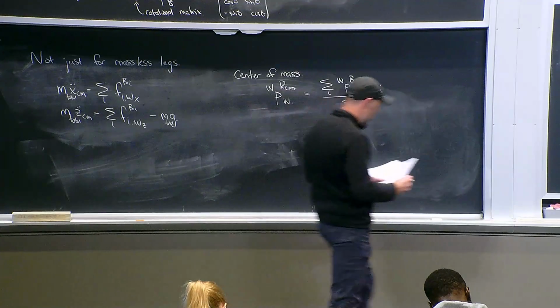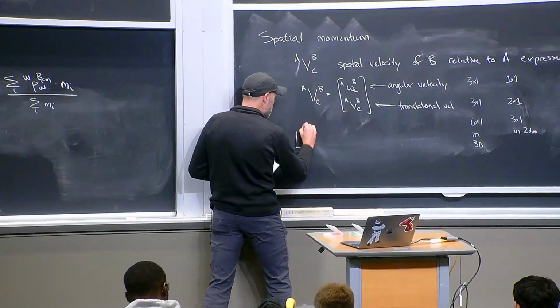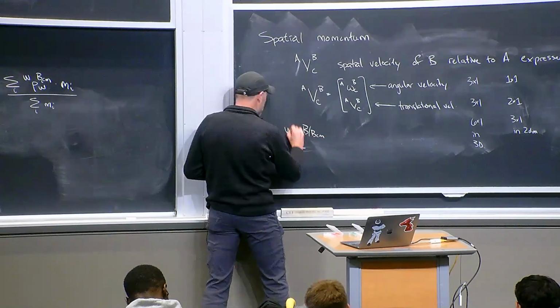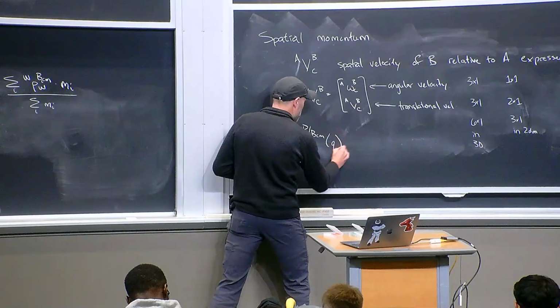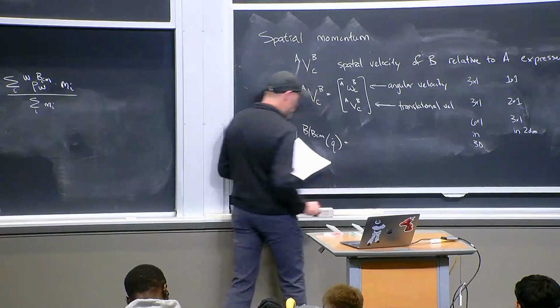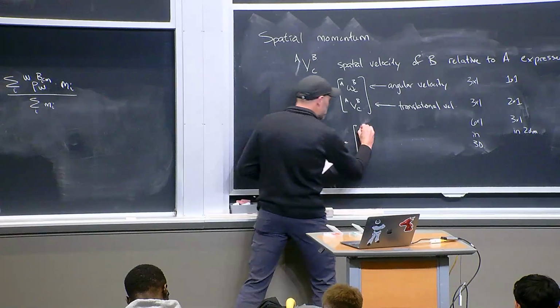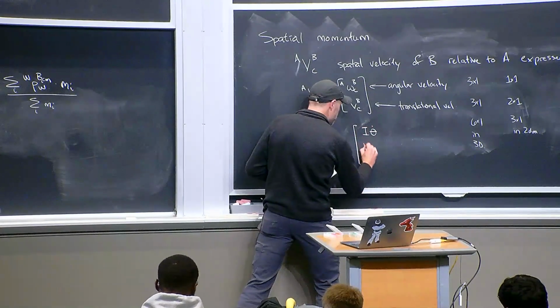So the spatial momentum here of, let's say, B about the center of mass in frame W, depends on the total velocity of the system. It's a 3 by 1 vector, and it looks like this.